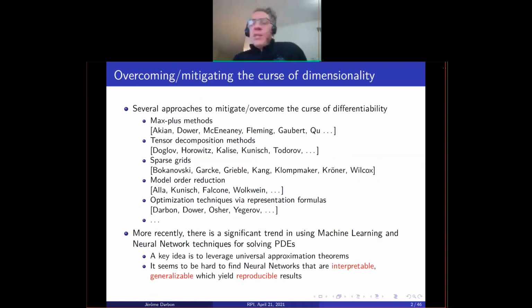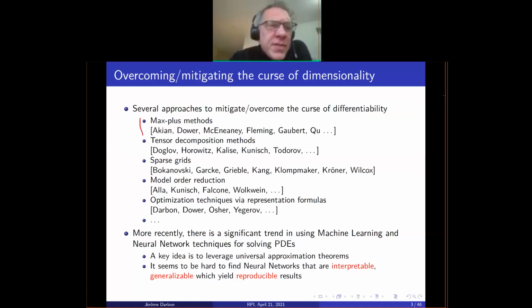There have been many approaches to mitigate or overcome the curse of dimensionality. One approach that has been quite successful in the last 15 years is known as the max-plus method. There is also more recent work involving tensor decomposition methods, sparse grids, and model order reduction.